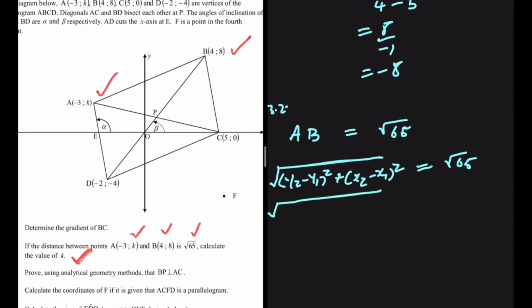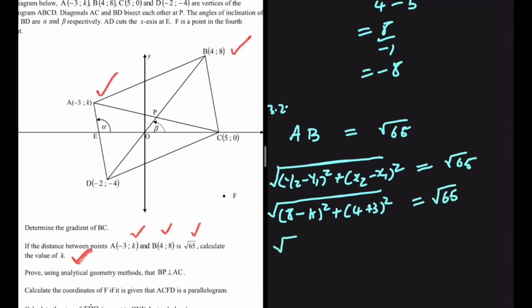So if we take B as our second coordinate, y2 is going to be 8, and then y1 is going to be K. We square that plus x2, that is 4, minus x1, which is minus 3. So it will be 4 plus 3. We square that, and it is equals to square root of 65.